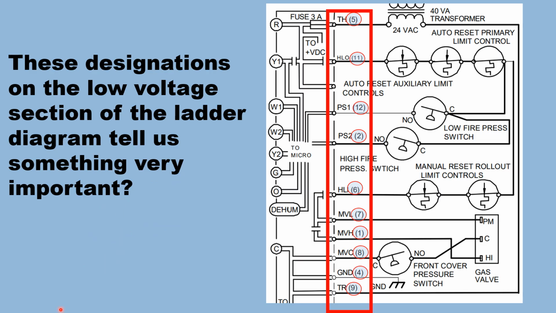These designations on the low voltage section of the ladder diagram tell us something very important. What they're telling us is that these numbers are the point, the slot in the 9-pin or 12-pin or 15-pin connector where those wires go into that connector.